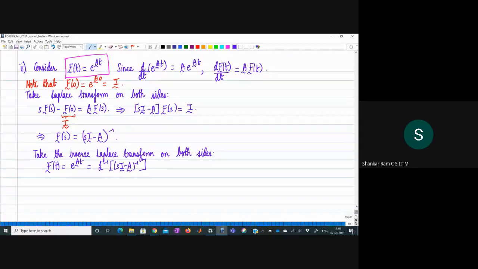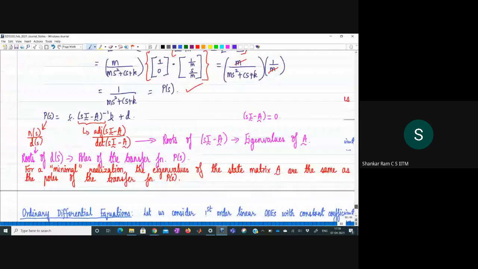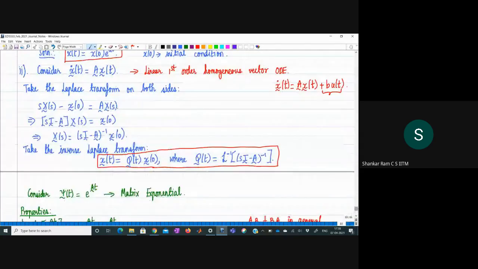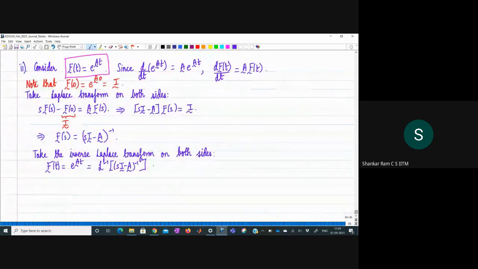However, what was the Laplace inverse of (sI minus A) inverse? We just learned that it's phi of t, right? So if I go back, yes, it is phi of t. That's what we learned here, right? So the Laplace inverse of (sI minus A) inverse is going to be equal to phi of t, right? So we have got something very, very interesting.